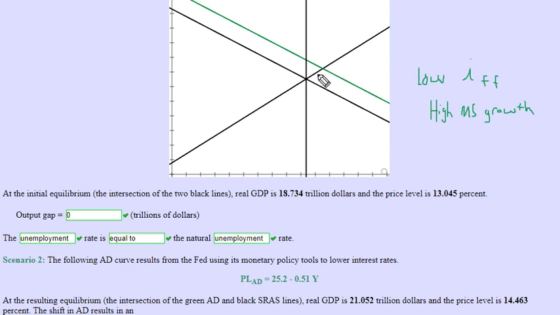So if it's set a low federal funds rate because it has a high money supply growth rate, that will overstimulate demand, because those two things cause interest rates, the nominal rate of interest, to fall.